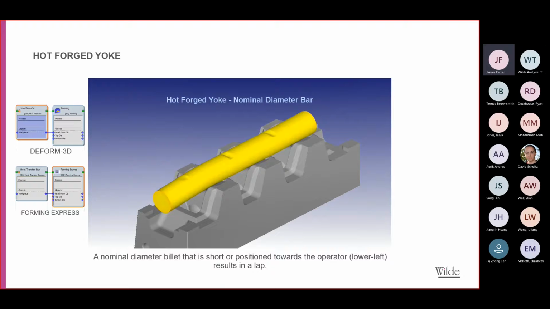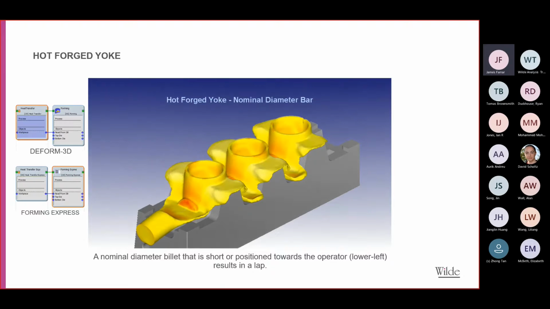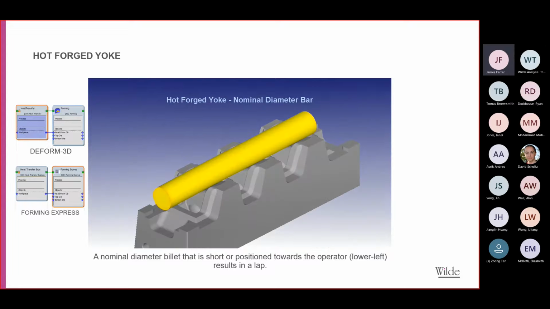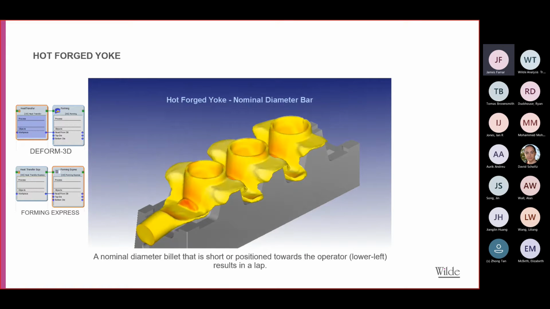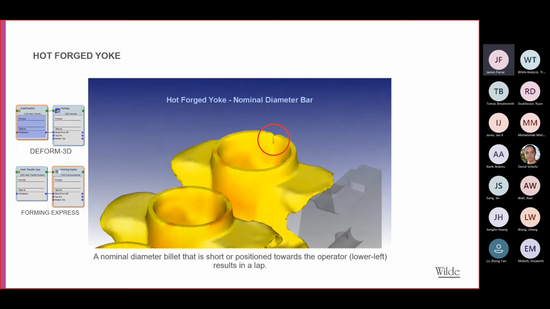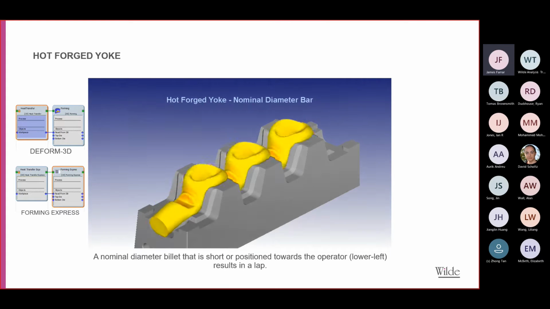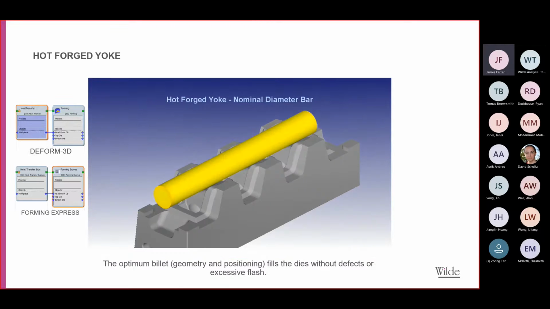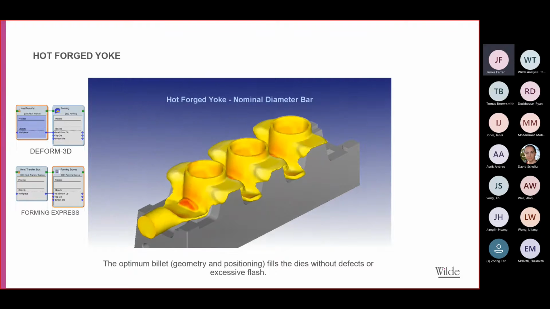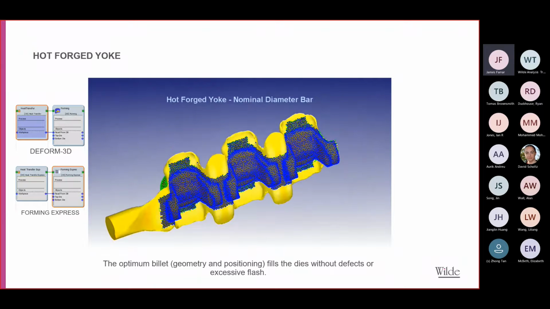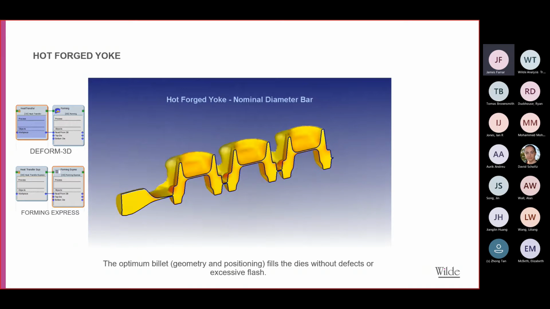Positioning with a nominal size bar in this case is quite good, and it's a bit shorter, but in this case that bar size, due to the backfill at the end, causes a lap in one of the components. So again, it's not an ideal process. Using the same bar but with a slightly different positioning, we get a good fill with reasonable flash and no defects.